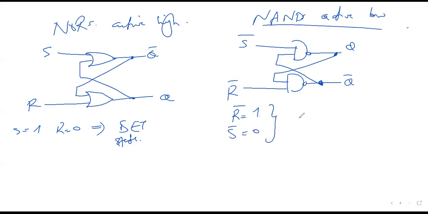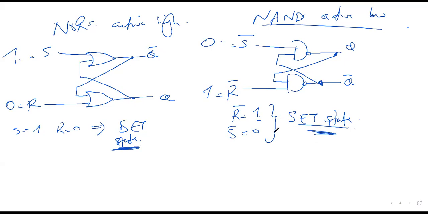This will mean set state. The inputs here are 1, here 0. The input here 0, here 1. The result is the same. Set state, set state. But the inputs, they are not the same.